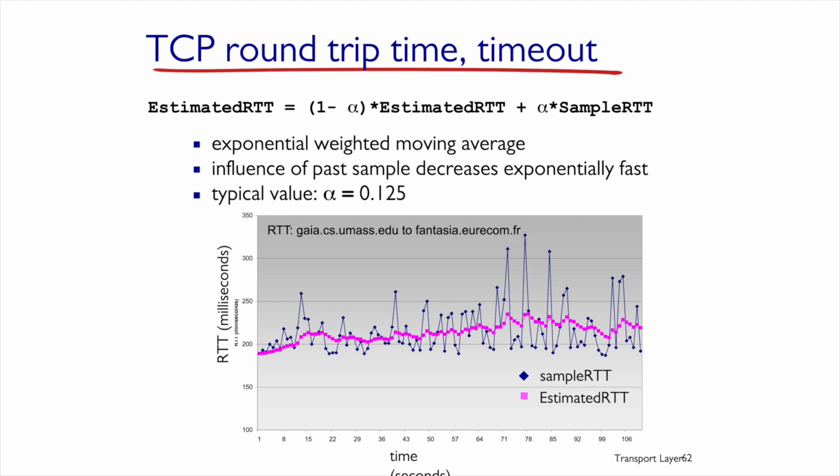You can see that the estimated RTT is (1 minus alpha) times estimated RTT plus alpha times sample RTT. What does it give us? It ensures that the effect of a sample RTT from the past decreases exponentially. That is what it means. So we will converge on the value of the estimated RTT more gently.